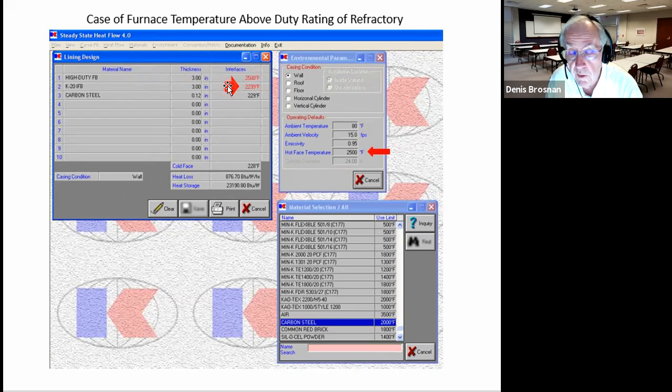I'm not too worried about that, but the interface temperature for the K20 here is too high, and it showed up in red, and that's something to worry about because you don't want to have shrinkage in the backup layer insulation over a long-term thermal exposure. So the program is designed to help you understand that particular situation.